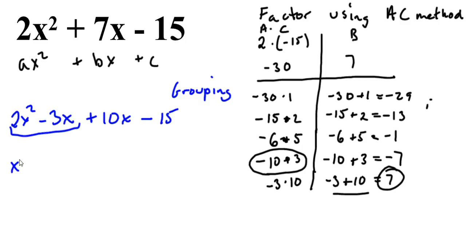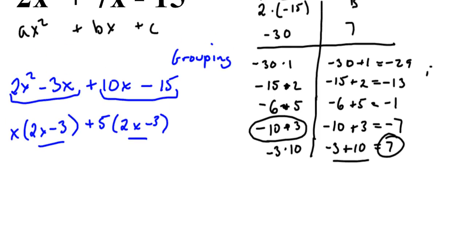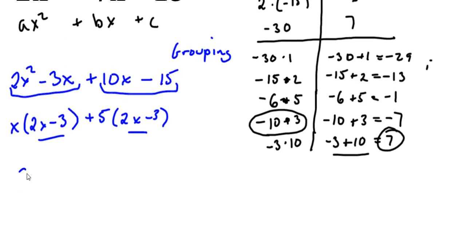I can factor out an x, leaving 2x minus 3. From the last two, I can factor out a 5, leaving 2x minus 3. What do you know, we have the same factor in each one. So we factor out that 2x minus 3.